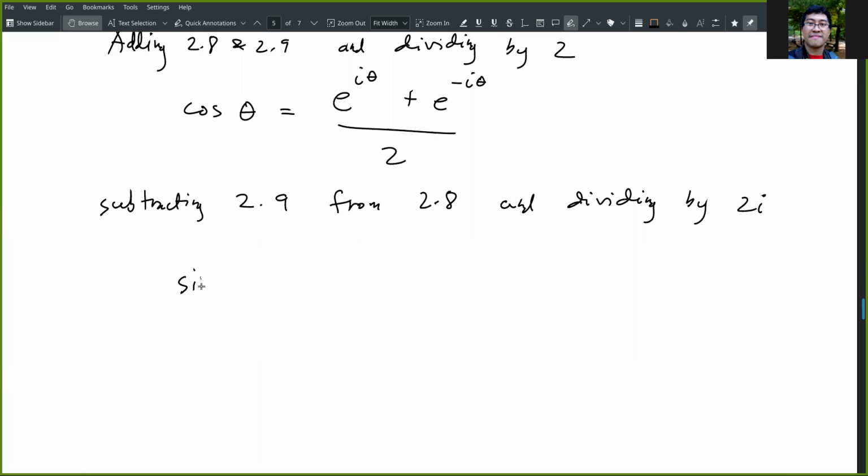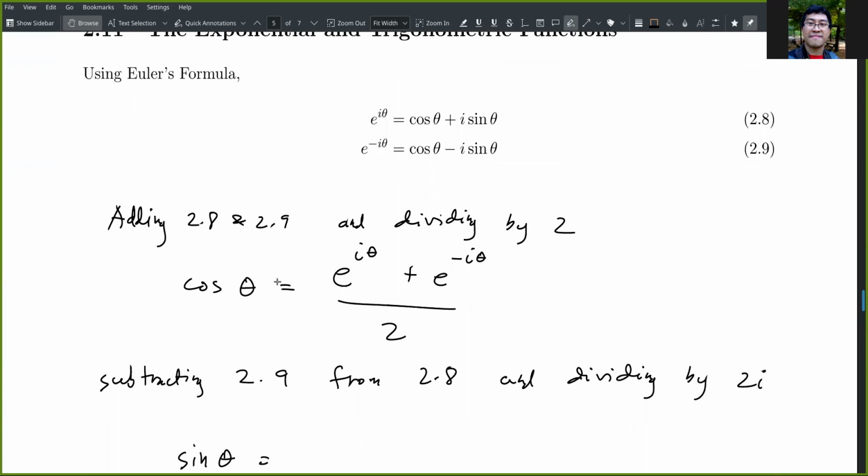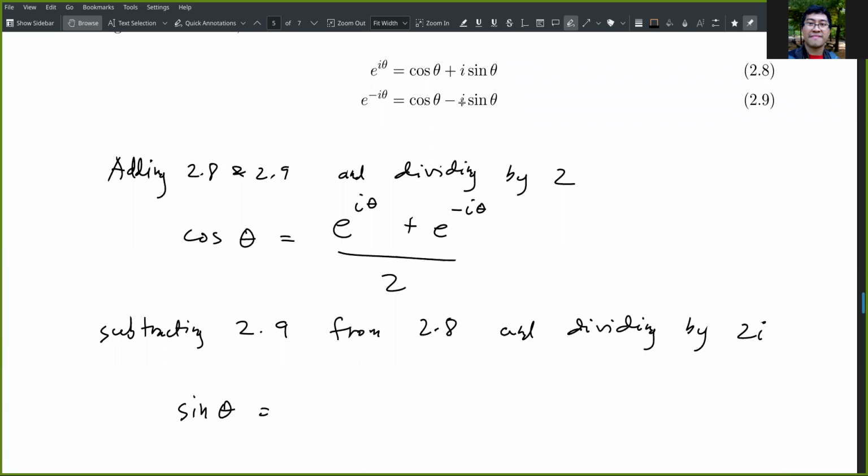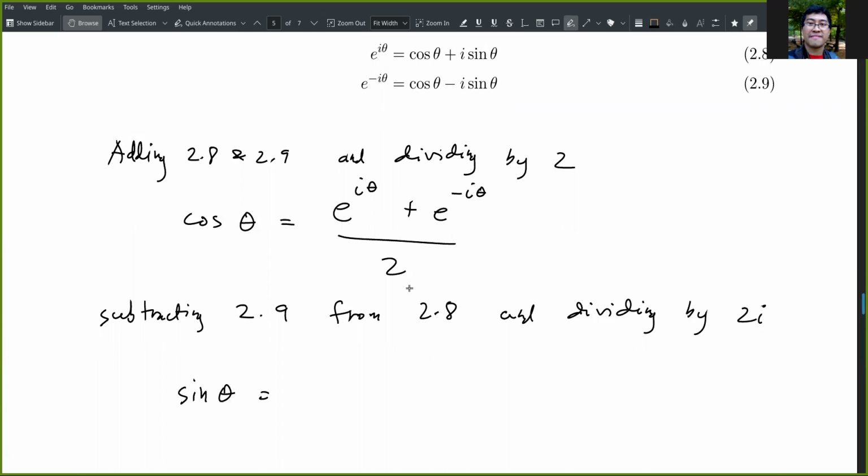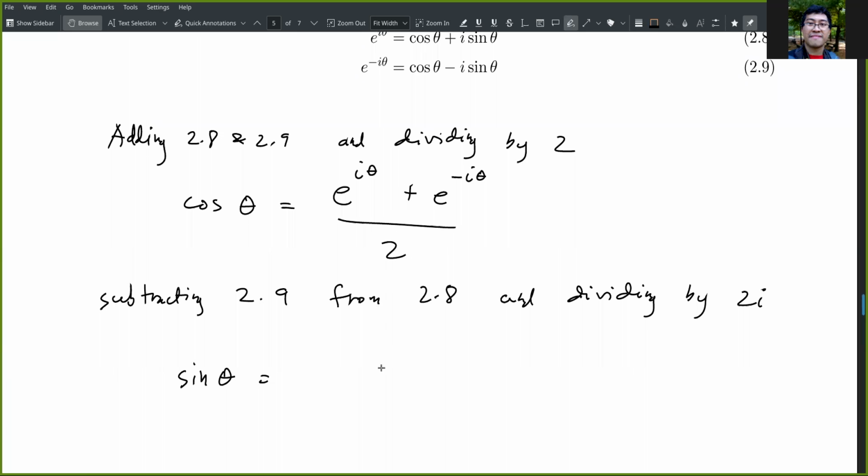So you have sine θ equals, so we subtract i sine θ minus i sine θ, that's 2i sine θ. Cosine θ minus cosine θ, that's 0. So you have e^(iθ) minus e^(-iθ) divided by 2i.